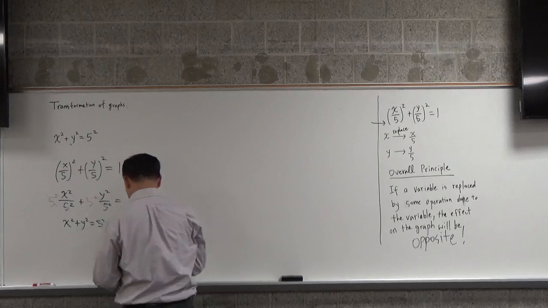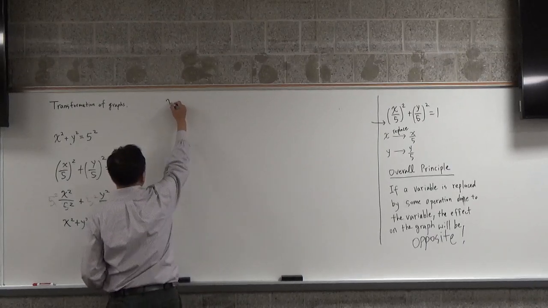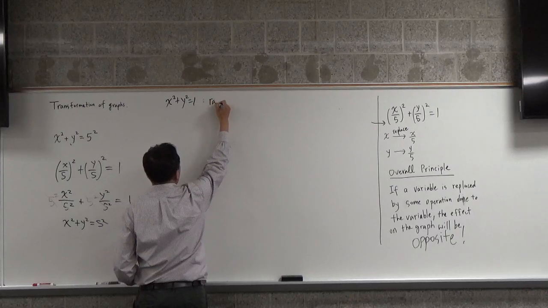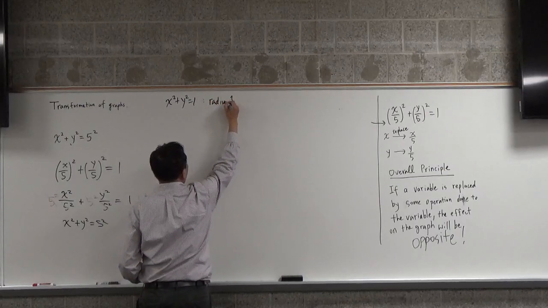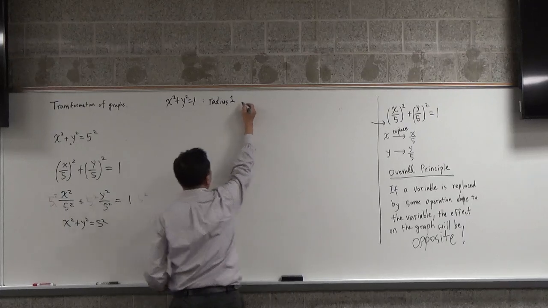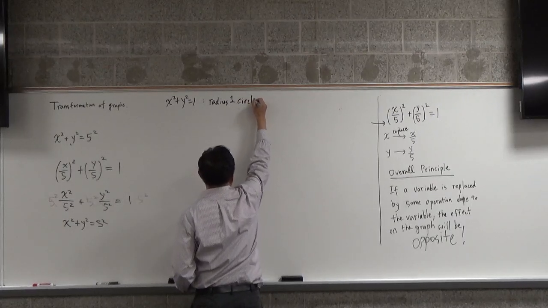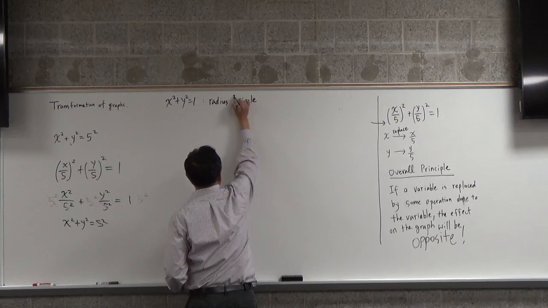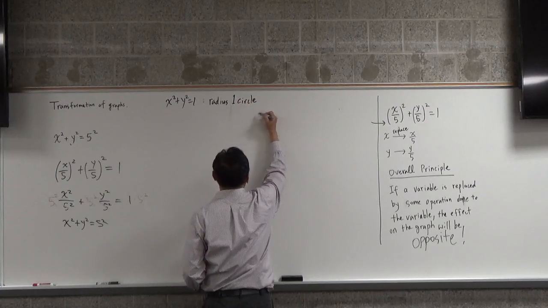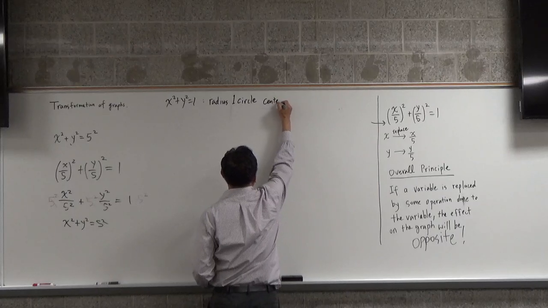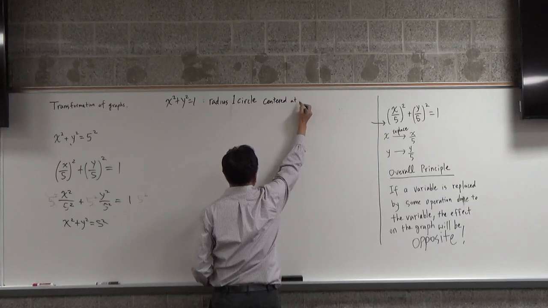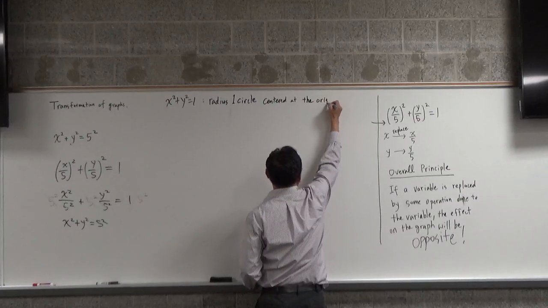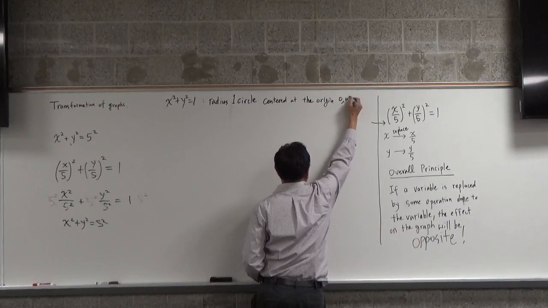So say we agree that x squared plus y squared equals to 1 is a radius 1 circle, centered at the origin. What's the origin? Origin is 0, 0, right?